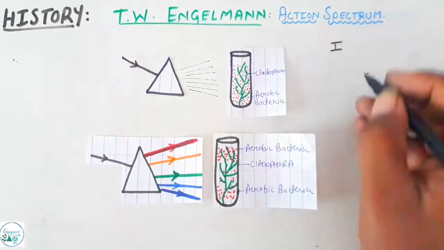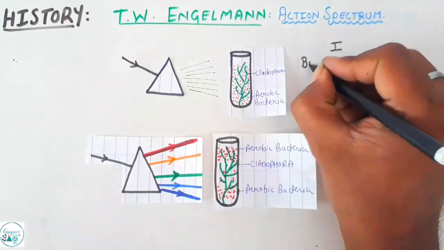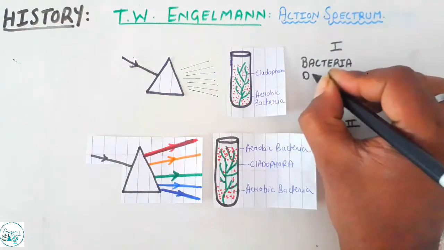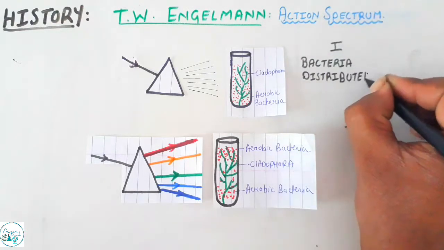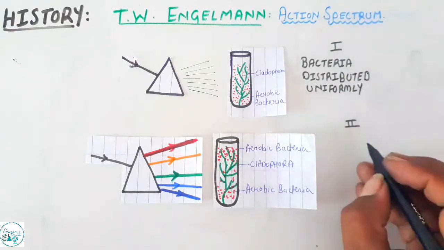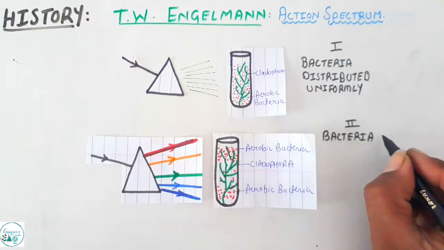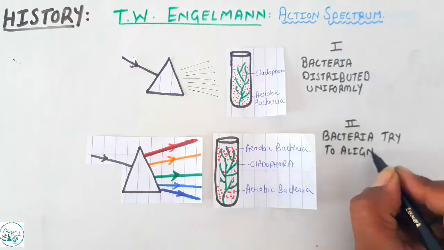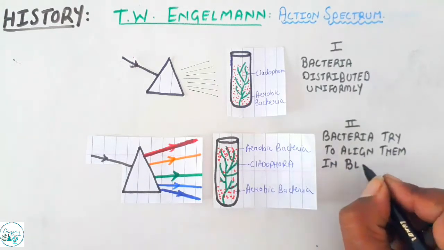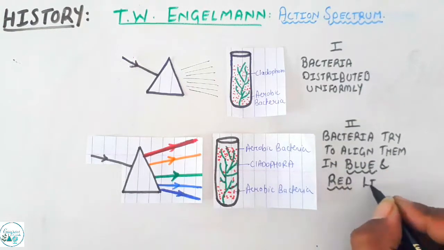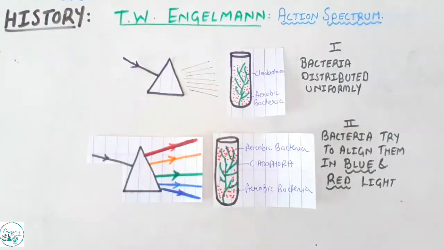It was found that when the prism had split the light into its constituent colors, the aerobic bacteria were found mainly aligning in the zone of blue light and red light. So Engelmann concluded that photosynthesis takes place in the blue and the red light.